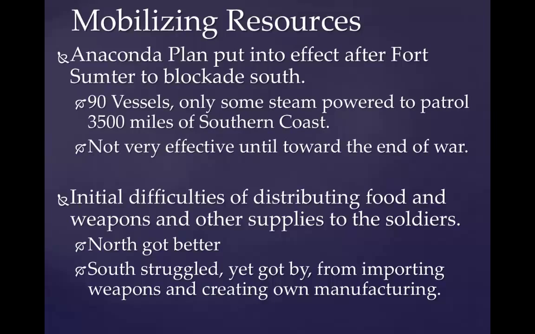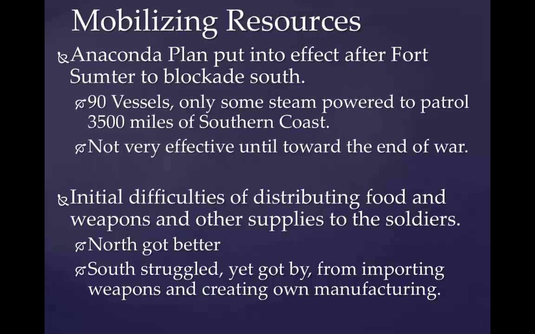And 90 vessels for many thousand miles of coastline isn't going to be super effective, and ultimately it's going to let some things through. But if each vessel stops a ship, maybe one a year or more, ultimately as the war goes on, that's going to add up.